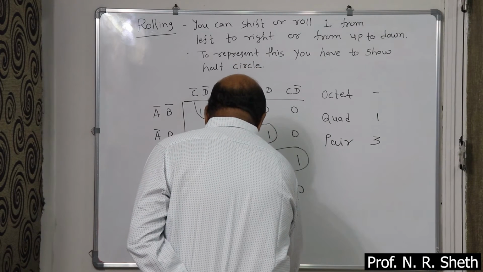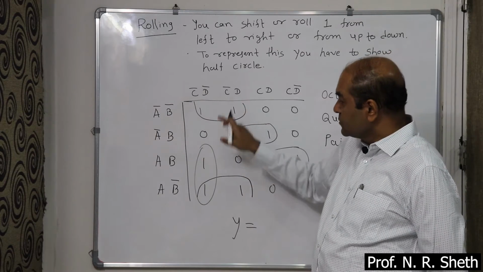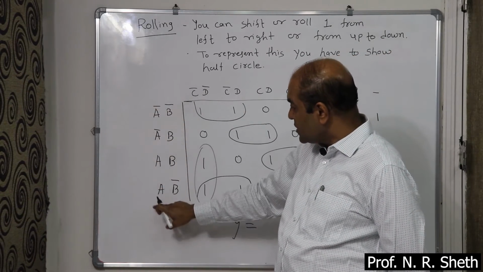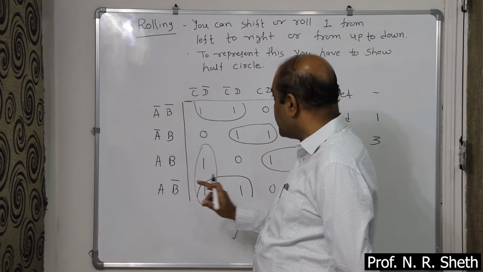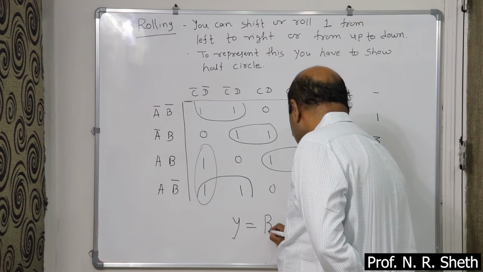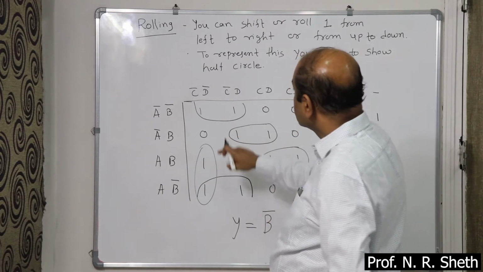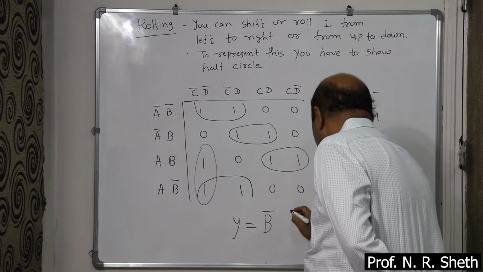So let's start with the largest group, that is this one. Focus here. So A and A bar cancel, B bar, D and D bar cancel, so C bar.